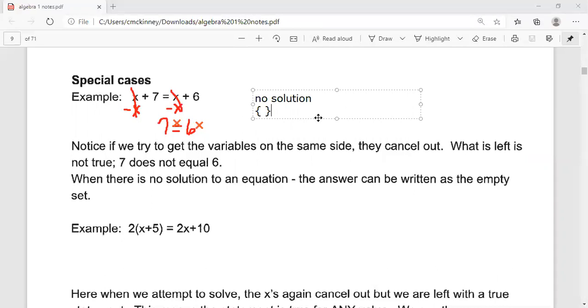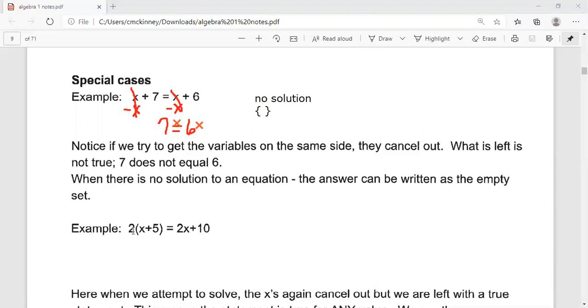So that means there's no solution, or it's also called the null set. But in IXL, pretty sure they use simple no solution. So that's one special case, when there's no number in the world that could possibly make this true.